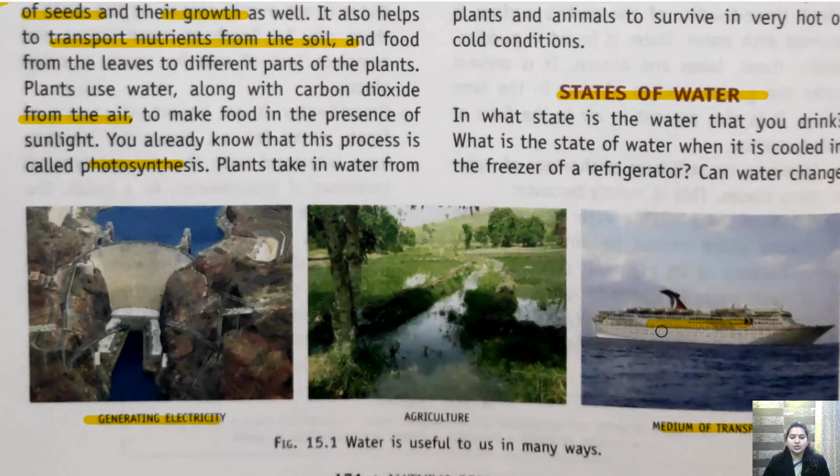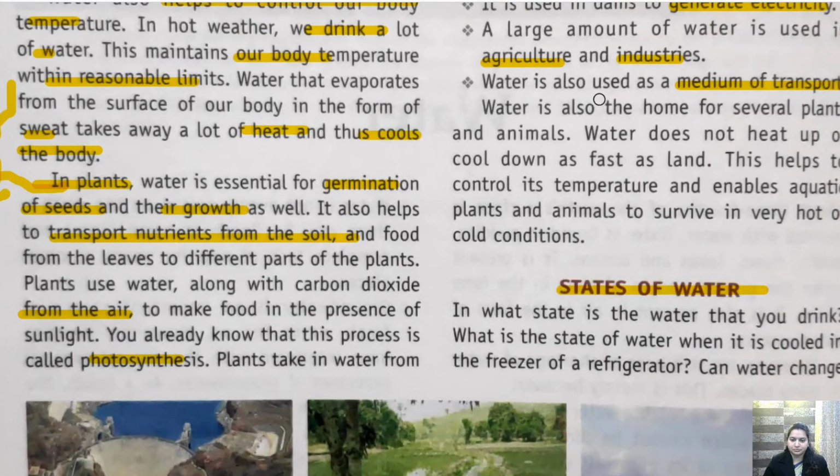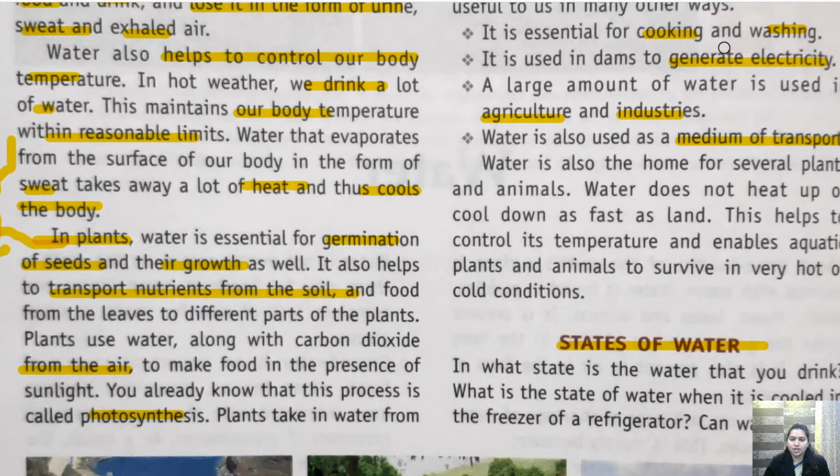All right, so it is also a habitat for aquatic life. So it is used for cooking, washing, generating electricity, agriculture, industries. Is it clear? Water is also used as a medium of transport. Okay, so water is also the home for several plants and animals.